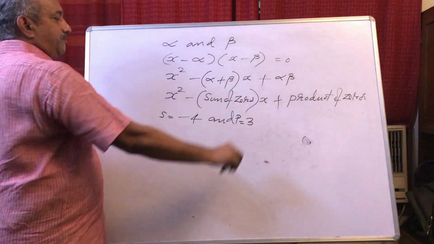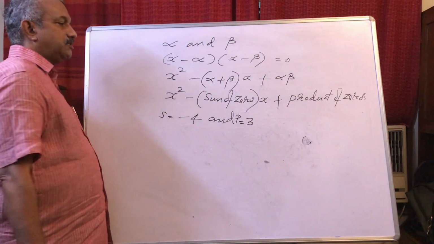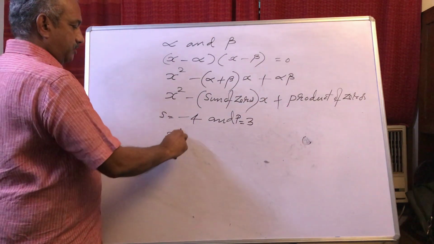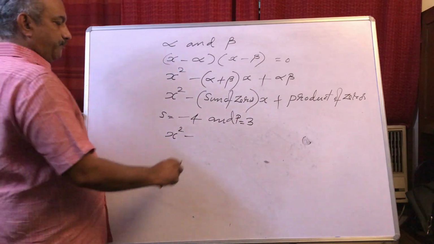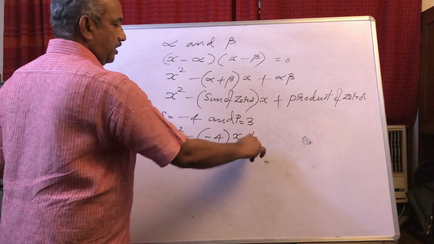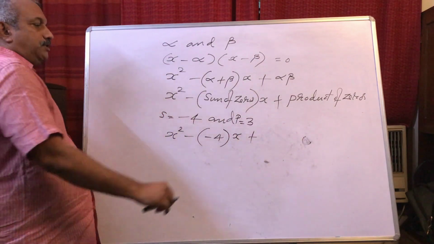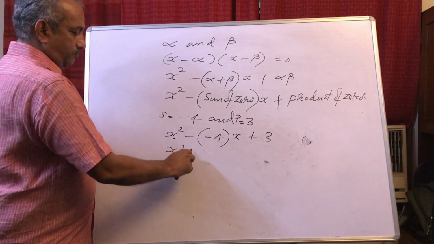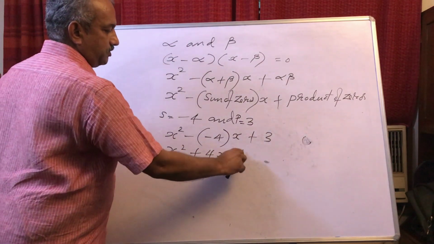First we'll write the formula: x square minus sum of the zeros into x plus product of the zeros. So x square minus, bracket open, minus 4, into x plus product of the zeros, 3. So x square plus 4x plus 3.